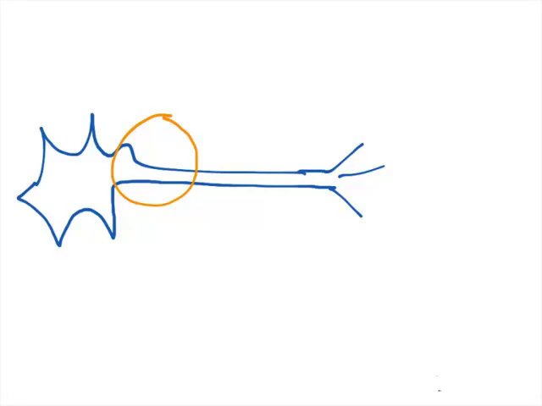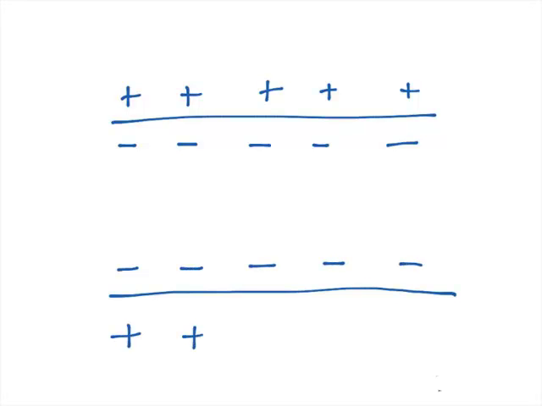So at the beginning of the action potential, normally the cell is negative on the inside and positive on the outside. Okay, so we have the change in voltage that's going to activate that threshold of excitation and is going to open sodium channels.